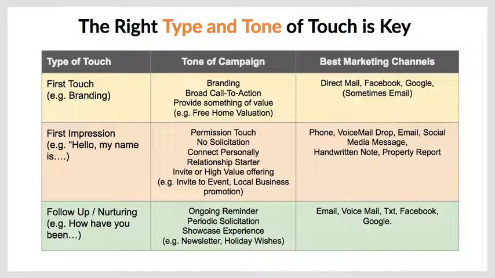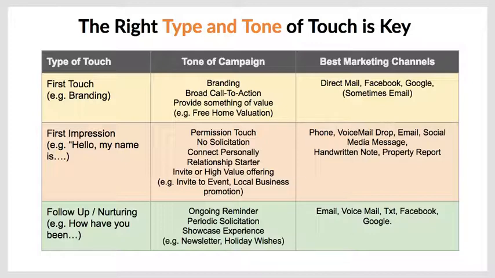It can be a little bit more aggressive, and because it is follow-up and nurturing, you can start to integrate some solicitation, making sure that you showcase the experience of what's going on in the neighborhood, or share things like your newsletter, or event-based content like holidays. Using some of the more powerful broadcast mediums, like email, voicemail drops, and text messaging, can be leveraged here as well, now that it's personal.